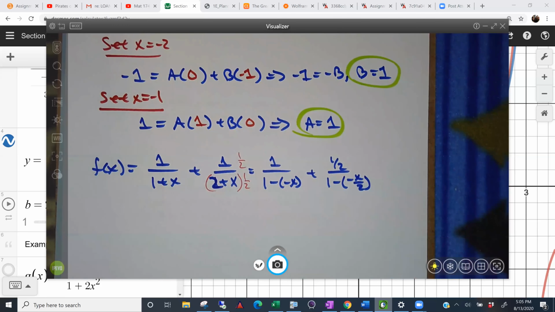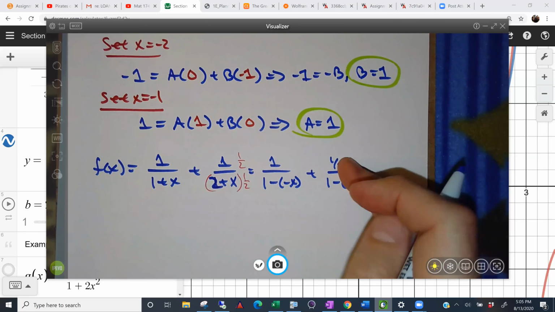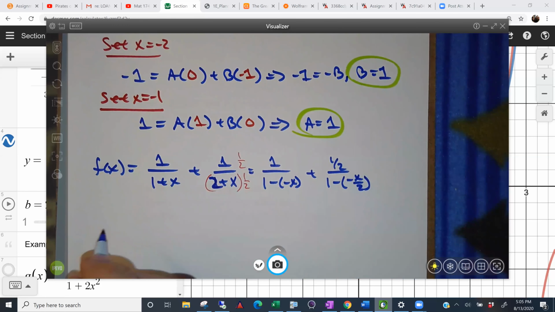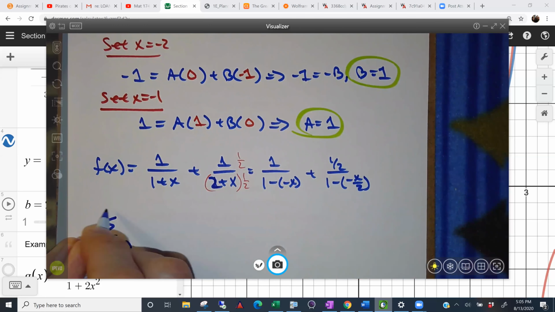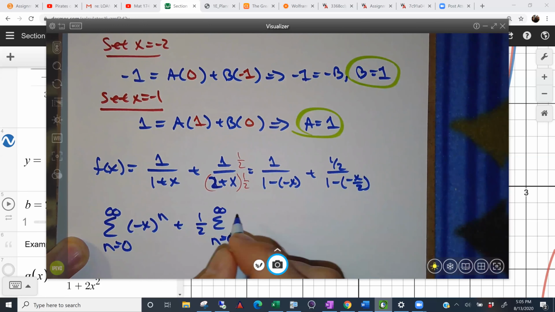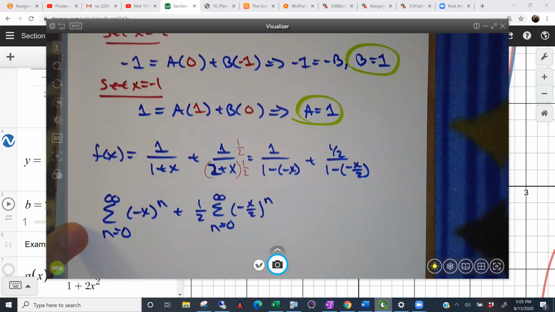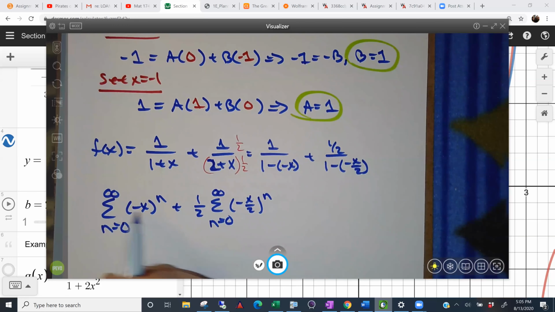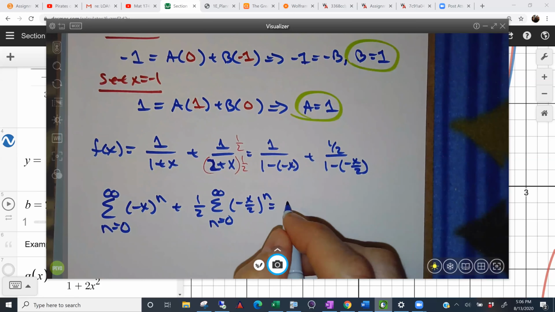Both of these are nice series. I'm going to take the 1/2 out in front. So that's going to be the sum from n equals 0 to infinity of negative x to the n, plus the 1/2 in front of the series, the sum from n equals 0 to infinity of negative x over 2 to the n. These negatives, we tend to factor them out, so let me do that.